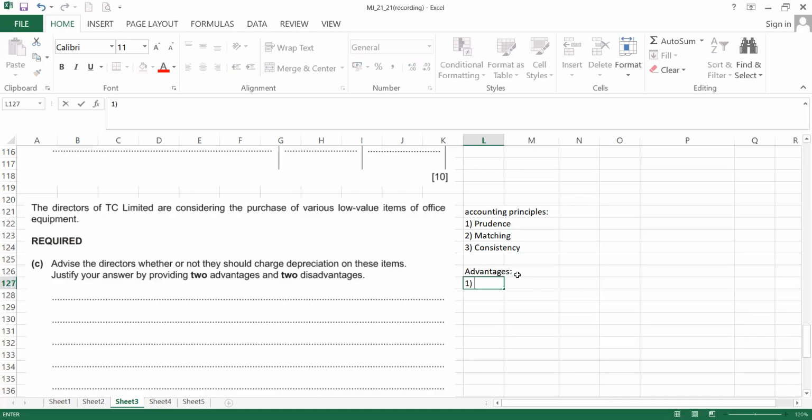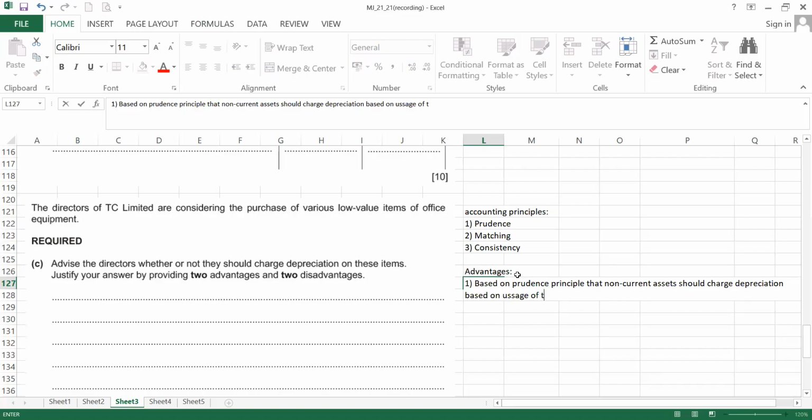So this one is based on the prudence principle that non-current assets should be charged depreciation based on usage of the asset.